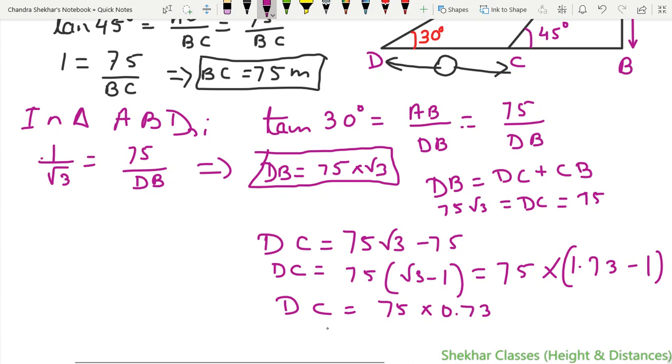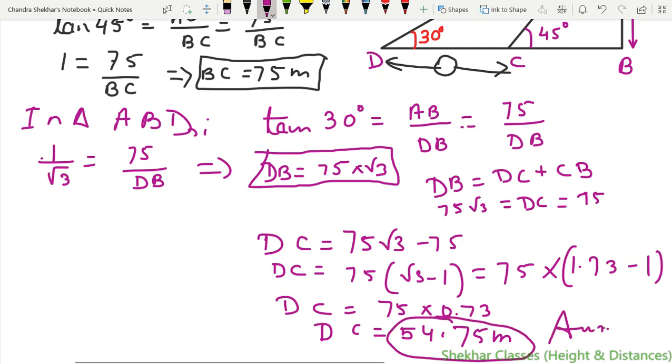So we get finally DC is equal to 54.75 meter, which is the distance between the two ships, and that is your answer. All right.